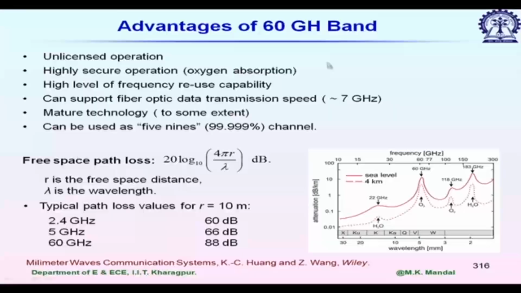So, what are the advantages of 60 gigahertz band? First of all, throughout the world it is an unlicensed band, 57 to 63, 64, almost 7 gigahertz. Highly secure operation is possible because of the high atmospheric loss due to oxygen absorption. Why highly secure? Because whatever I am transmitting, I know it can't go beyond a few kilometers.